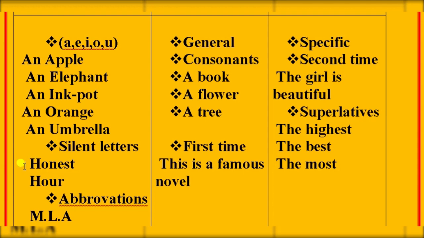We already discussed that we use an with a vowel or vowel sound, right? So we never pronounce it with an H sound. So that's why an honest, an hour, right? An honest, an hour.